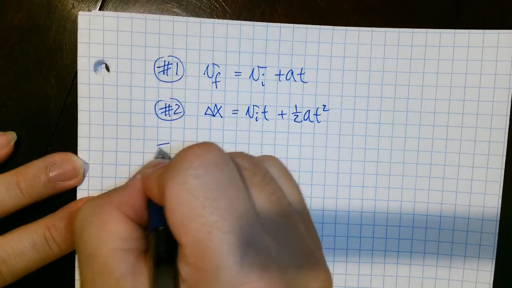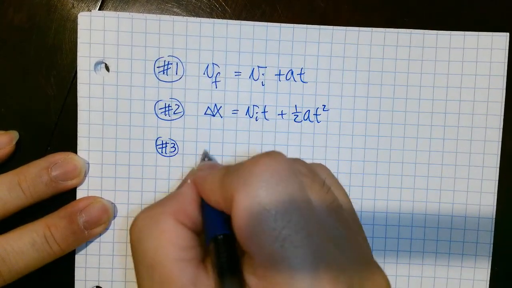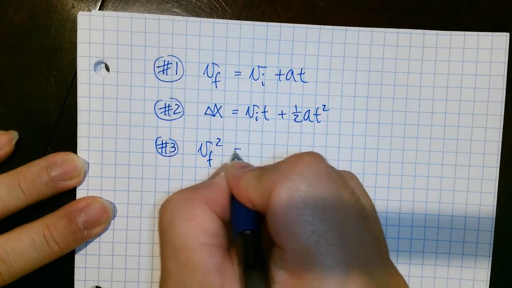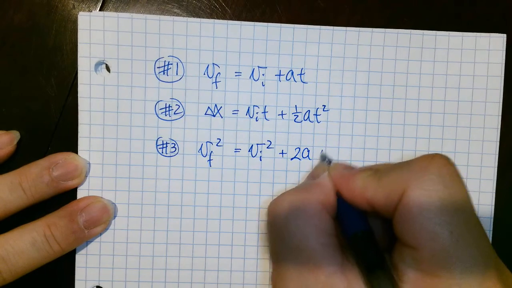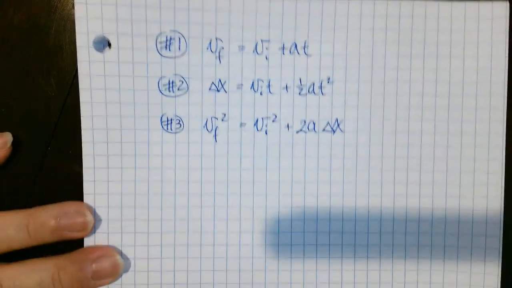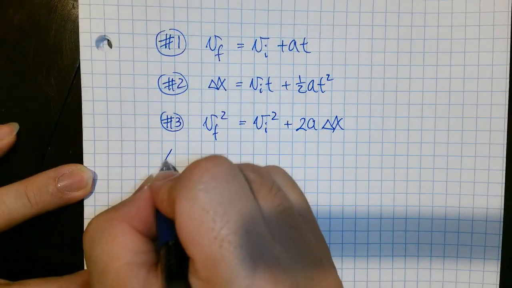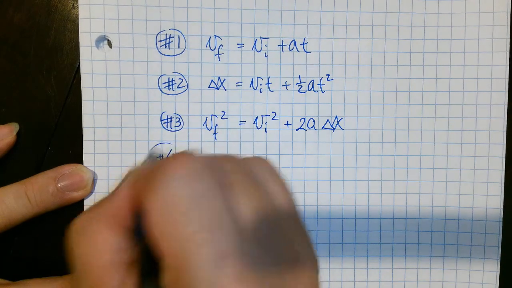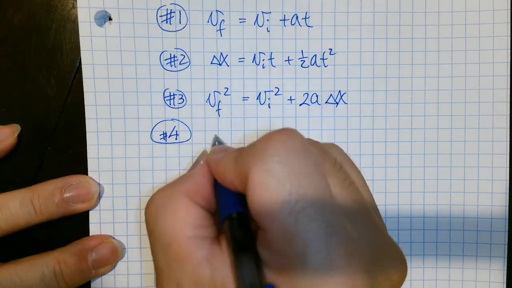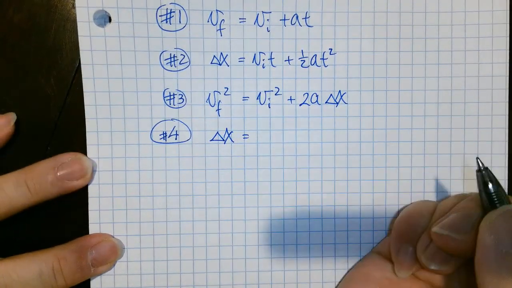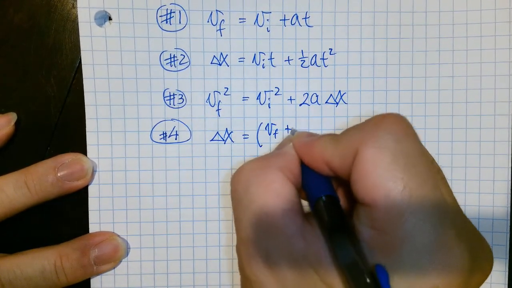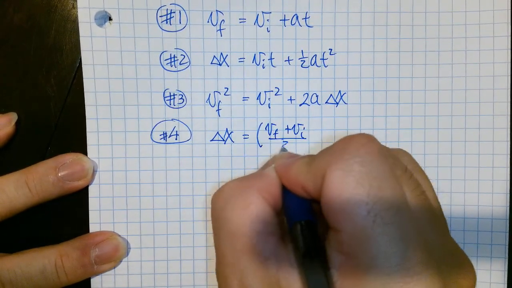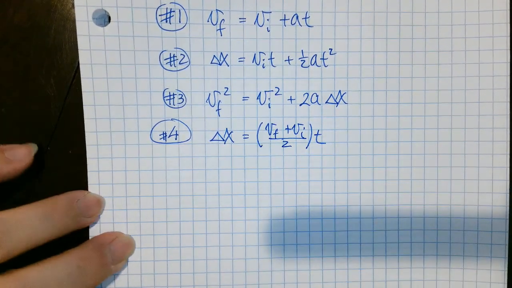The third equation is VF squared is equal to VI squared plus 2A delta X. Fourth equation is delta X is equal to VF plus VI over 2 times T.